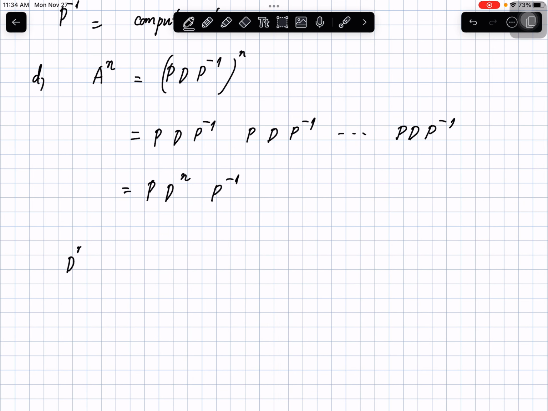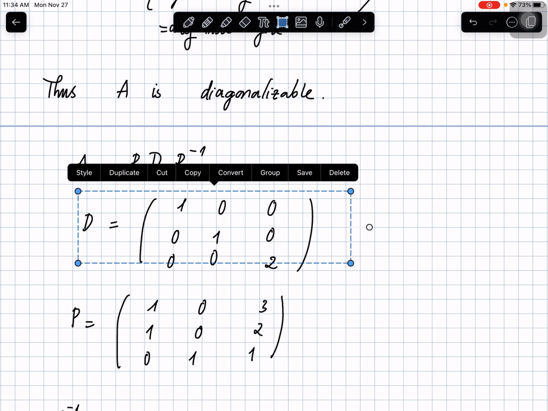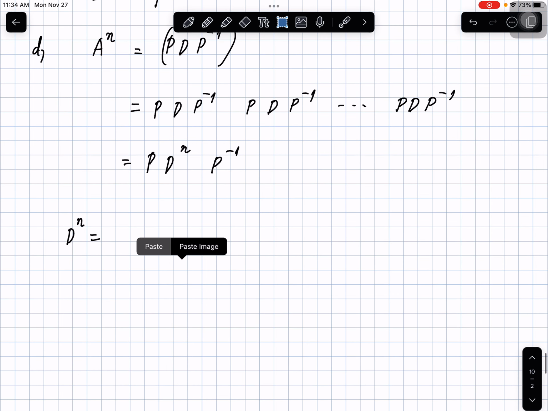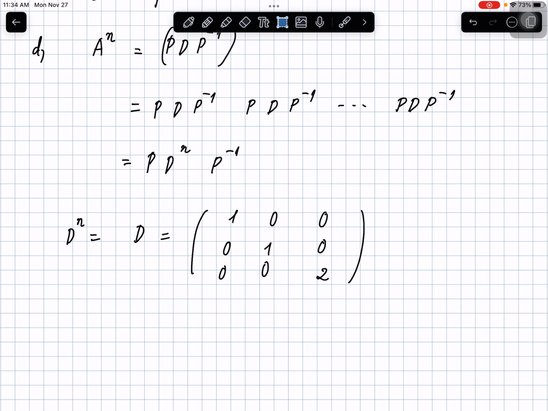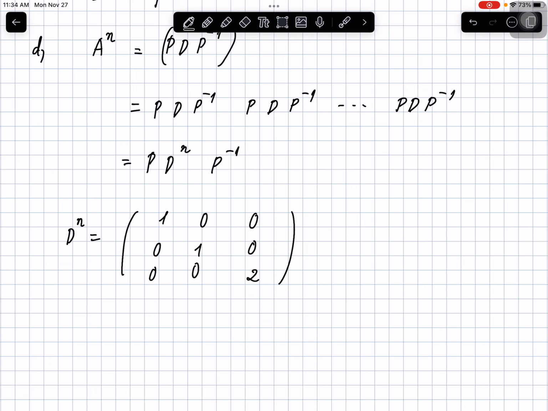And D to the power n is a diagonal matrix with entries 1 to the power n, which is just 1, and 2 to the power n. Then multiply by P inverse, which you compute explicitly. Yeah, so basically it's this.